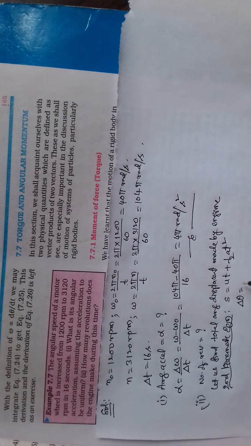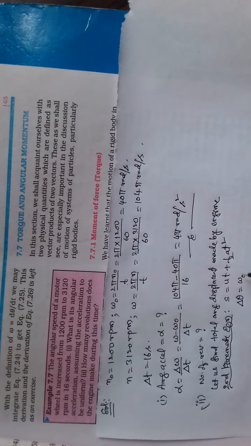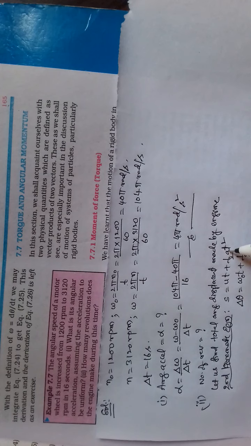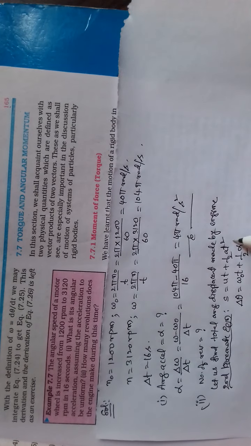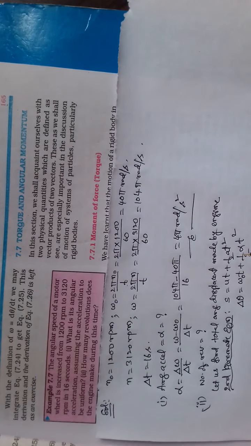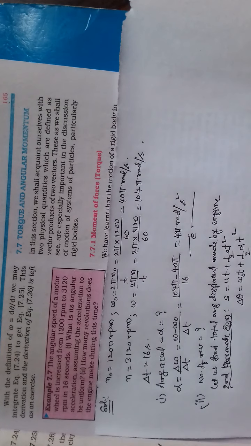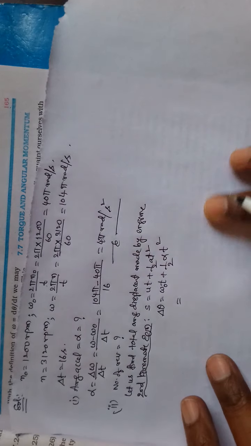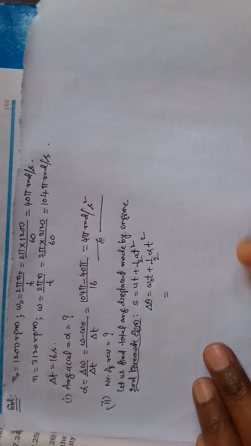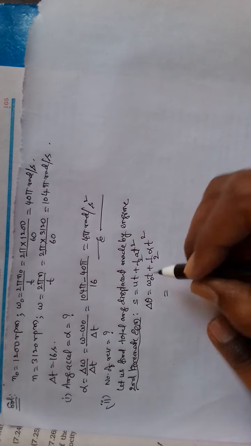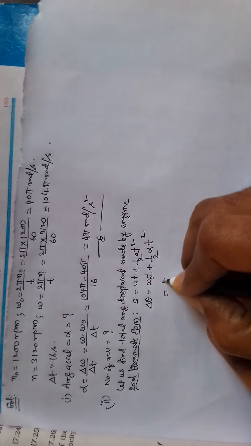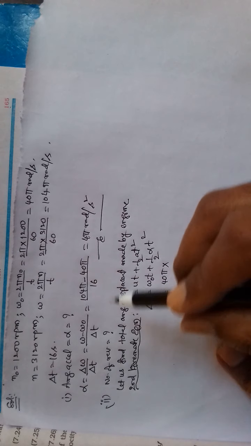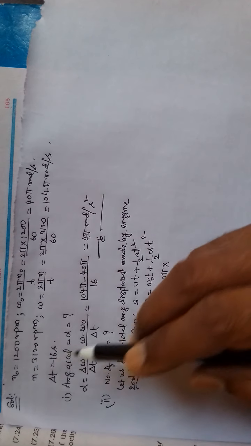Initial velocity means initial angular velocity. Acceleration means angular acceleration. So omega naught value 40 pi into t, 16 seconds.